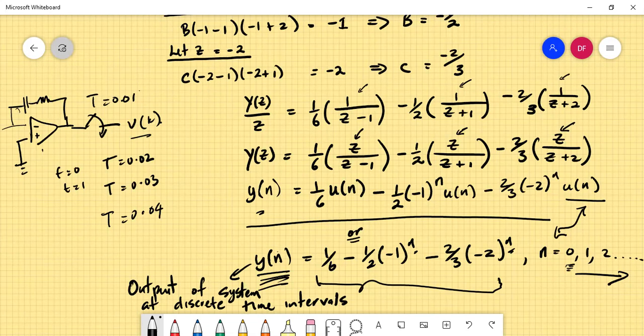That's why I say engineers are not limited to electrical, mechanical or chemical systems. There can be economic systems, school systems, any system at all. You're supposed to look at the input, look at the output, and see how you manipulate the system to change it. But you have to be able to mathematically describe the system. And so the difference equation is a mathematical description of a discrete system.